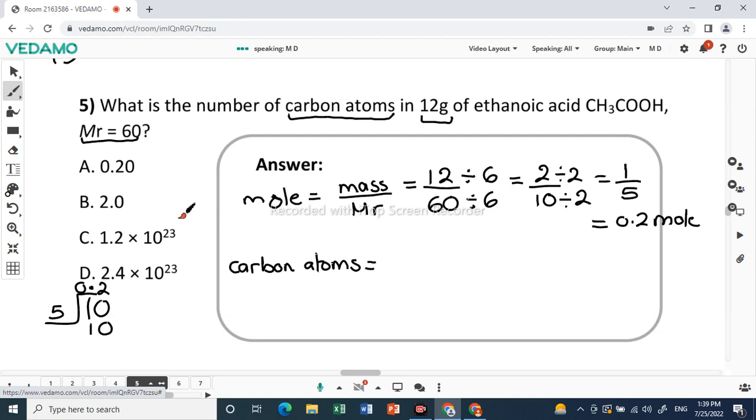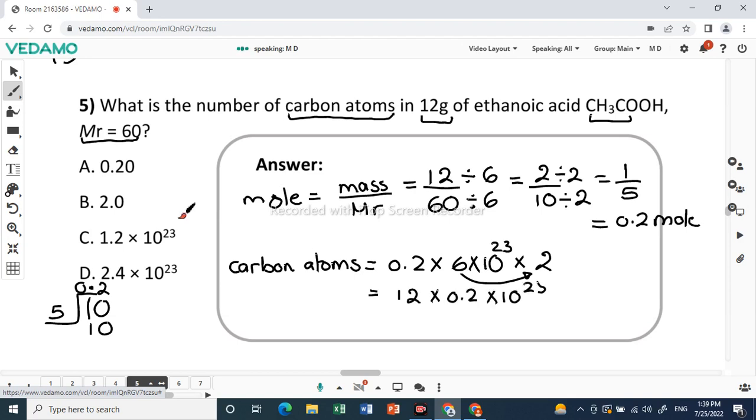You will take your mole number, which is 0.2, and multiply by Avogadro's constant. Then you will count how many carbons are present inside the ethanoic acid, which is 2. 6 times 2 is 12. Then it will be multiplied by 0.2, and also by 10 to the power of 23.